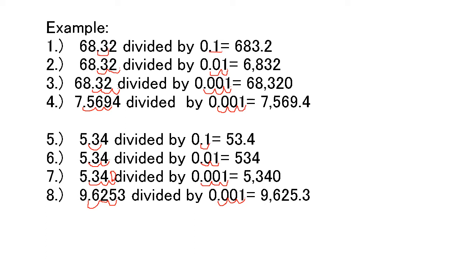So in our dividend, we move also 2 places to the right. What we have done in the divisor, 2 places to the right, is also the same as in the dividend.